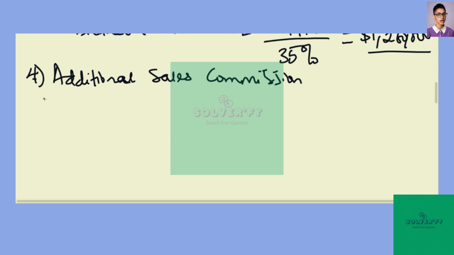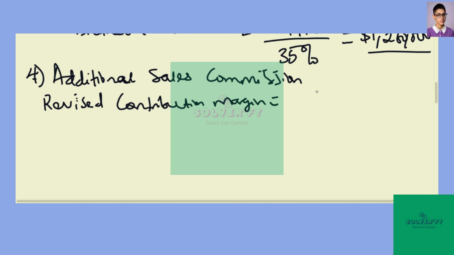So now the revised contribution margin will be equal to $9 minus 0.5 cents, and this will give you 8.50 cents, right?